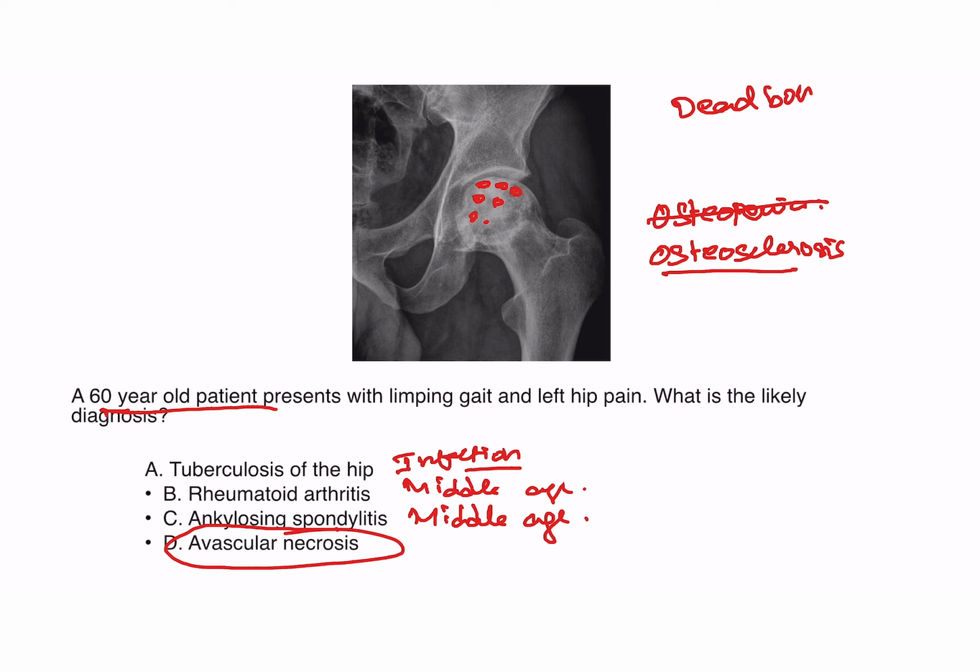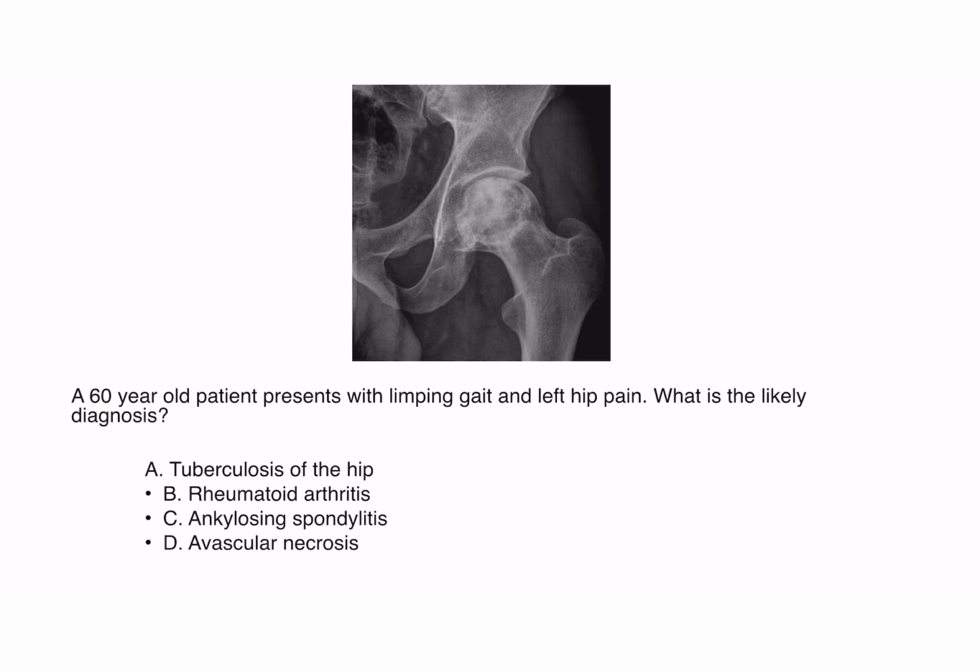Dead bone looks white in X-ray. So what do these whitish patches in the femoral head indicate? They indicate dead bone, and that further supports my diagnosis of avascular necrosis. So the safer option for this question would be avascular necrosis.